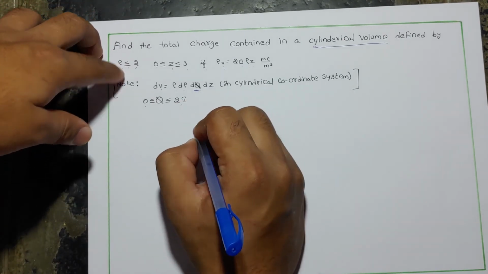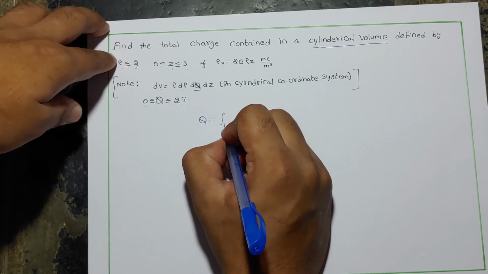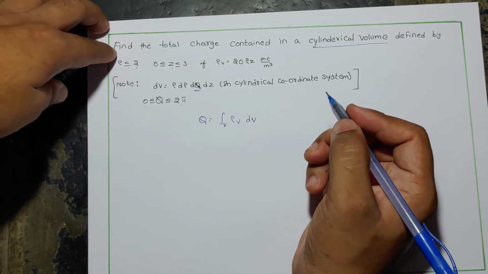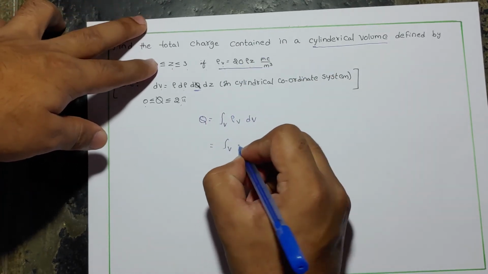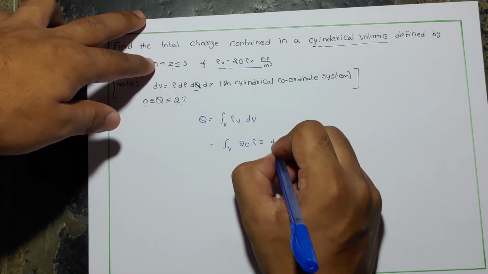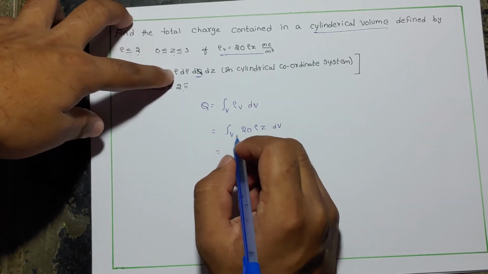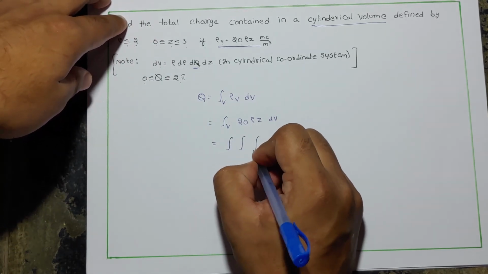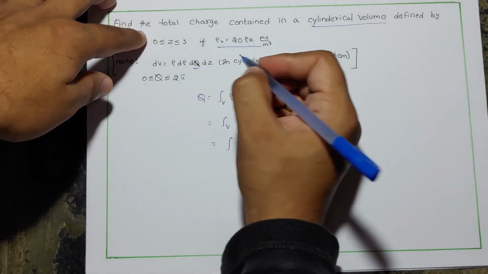So let us write it. We know that charge is equal to the volume integral of rho v dv. Here it is given that rho v is equal to 20 rho z, so the volume integral of 20 rho z dv. Now as it is a volume, it has 3 variables. In the cylindrical coordinate system, they are rho, phi and z.